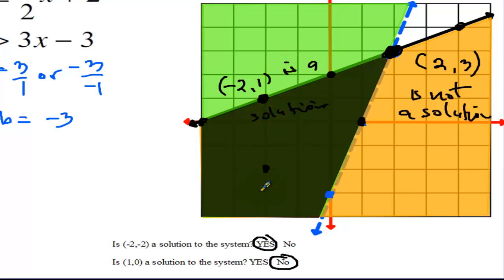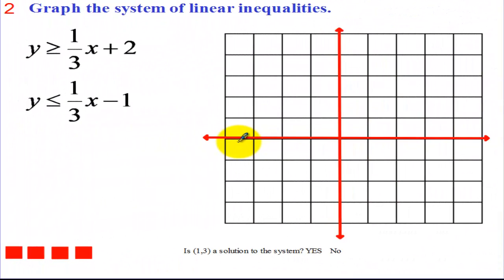In general, all points in the overlapping area of the two inequalities will be a solution set, including the boundaries that have a solid line. So all the points here will be a solution, including all the points on this area. Again, if we have points on this boundary, we are not going to consider them a solution to the system.